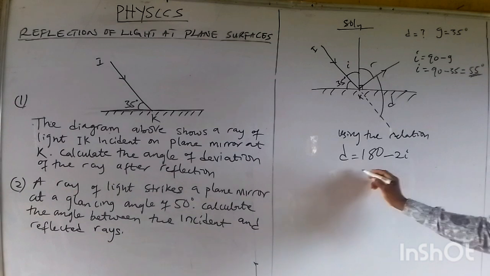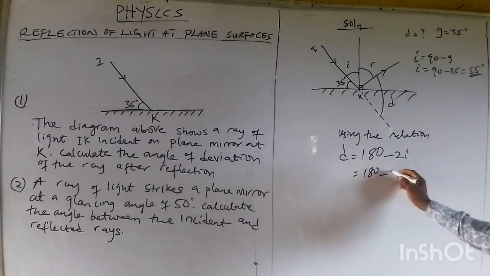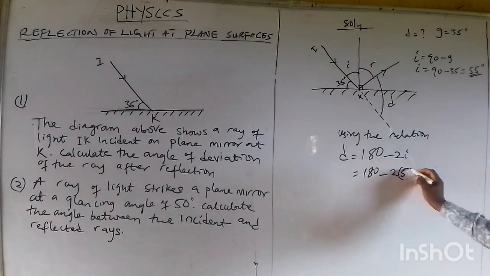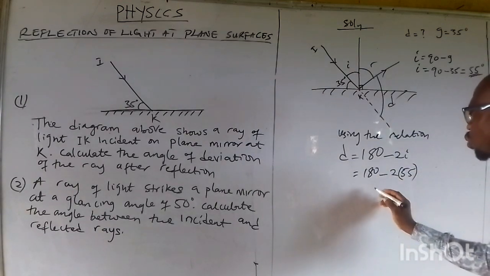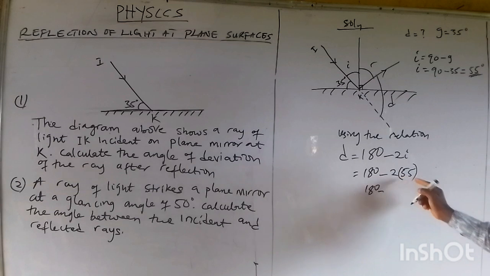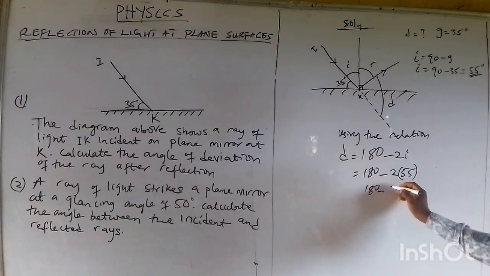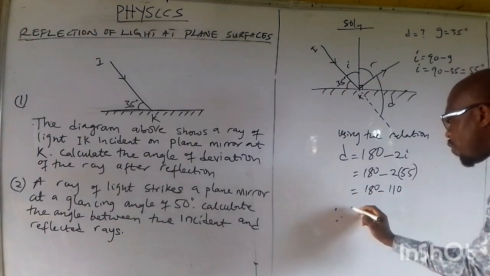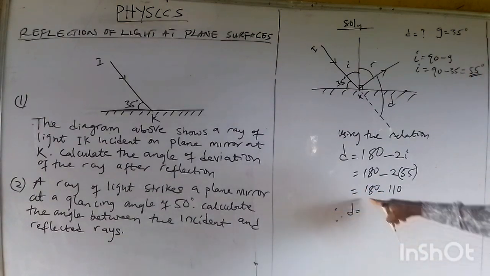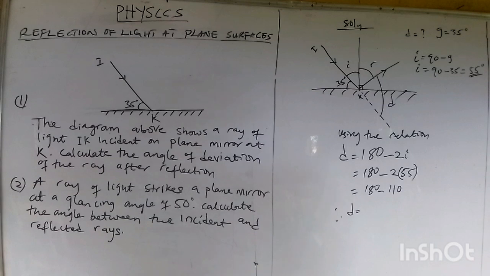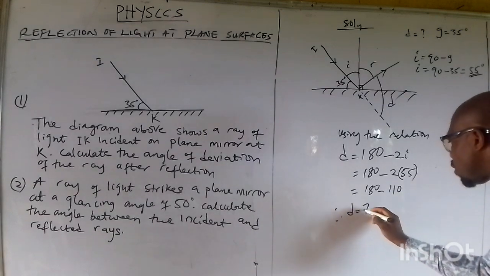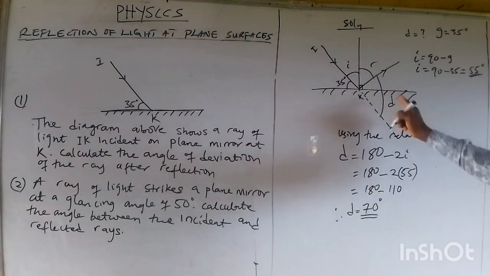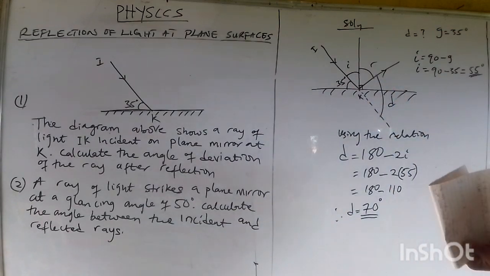So 180 minus 2 times 55. 2 times 55 is 110. Now D will give us 180 minus 110, which is 70 degrees. Therefore, the angle of deviation is 70 degrees.